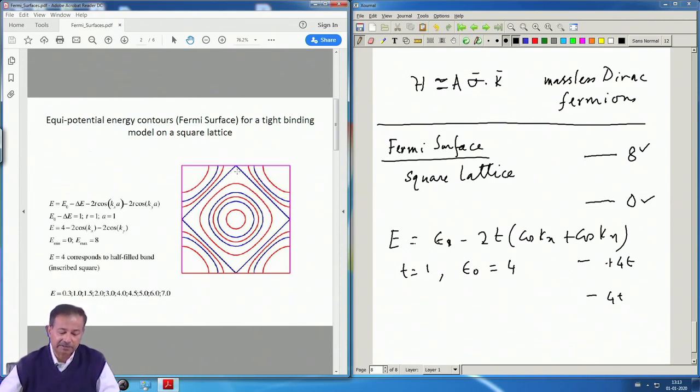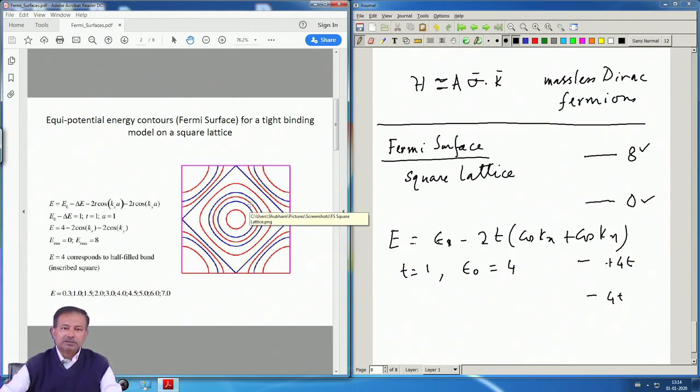Now, when you have flat regions in the Fermi surface, you can check for yourself that the density of states becomes very large, because the density of states is proportional to the inverse of the gradient, grad k of E. The inverse of the derivative of E with respect to k comes inside an integral to calculate the density of states, and if you have a flat region, the derivative goes to 0.